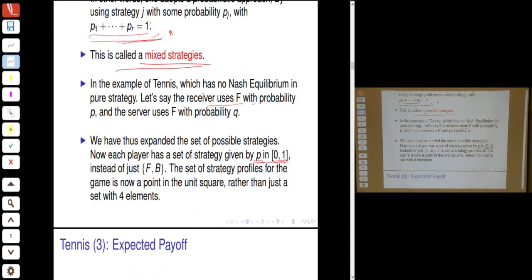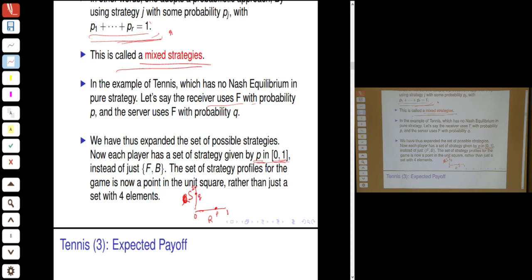So you can think, if this is the receiver and this is the server, the receiver chooses some P between 0 and 1, and the server will choose some Q between 0 and 1.